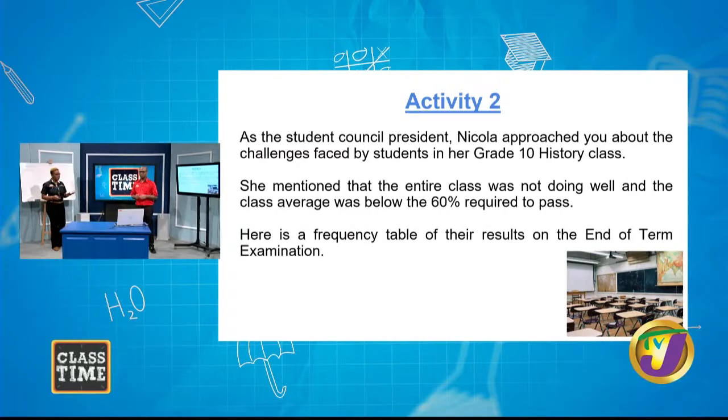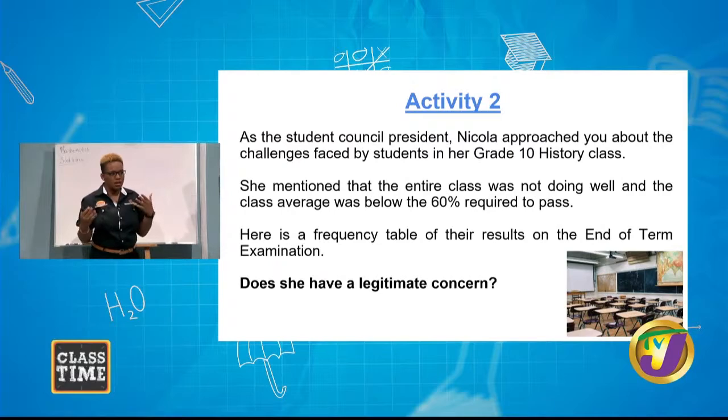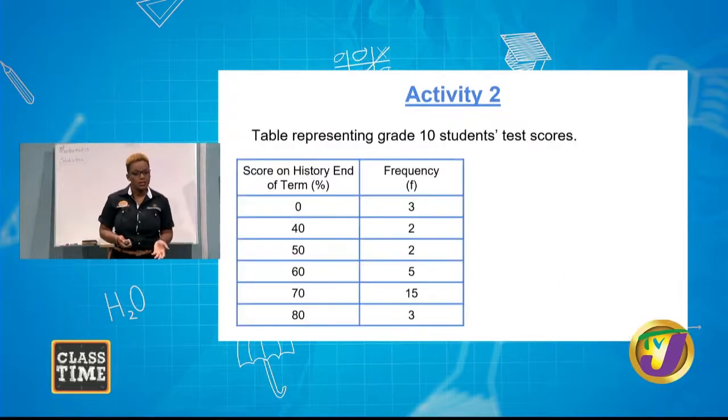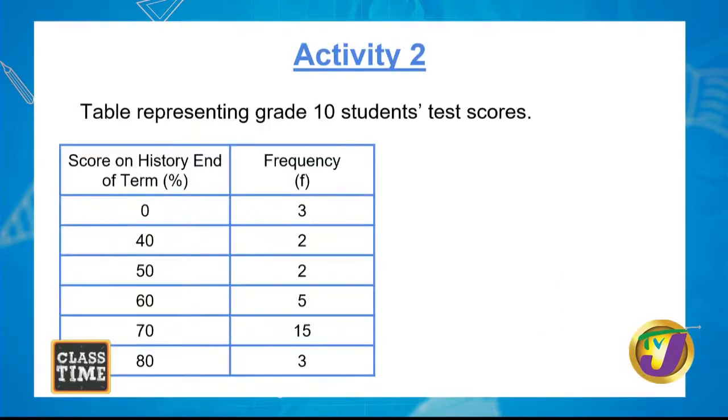So I'm going to show you a frequency table of the results, and we need to discuss if Nicola has a legitimate concern. Is it that all the students or the majority of the students are not doing so badly and they need some intervention in that grade 10 class? So here is the frequency table. How can we help Nicola here now?